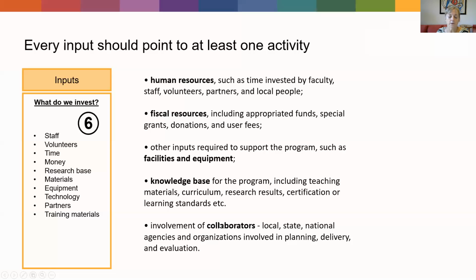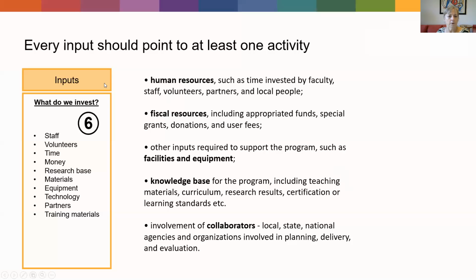It's really important to understand your collaborators: local, state, national agencies, organizations involved in planning, delivery, and evaluation. So that's an important header, I think, that helps us think about how we're using other programs and resources within our community.